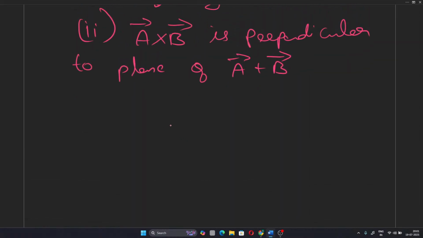If we need to find, let's draw the diagram. This is one vector a and b. When we take a times b, the direction of the quantity will be inside the screen. It will be an x using the right hand rule.